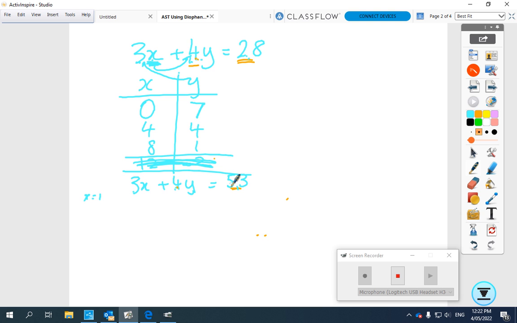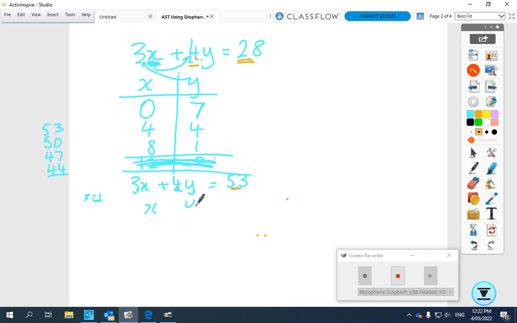Or you could try subtracting 4 until you get a multiple of 3. It doesn't matter. I'll put 53 down the side, and for every x equals 1, I'm going to subtract 3. So the next number would be 50, but 4 doesn't go into 50. 47, 44, and that's the first number that is divisible by 4.